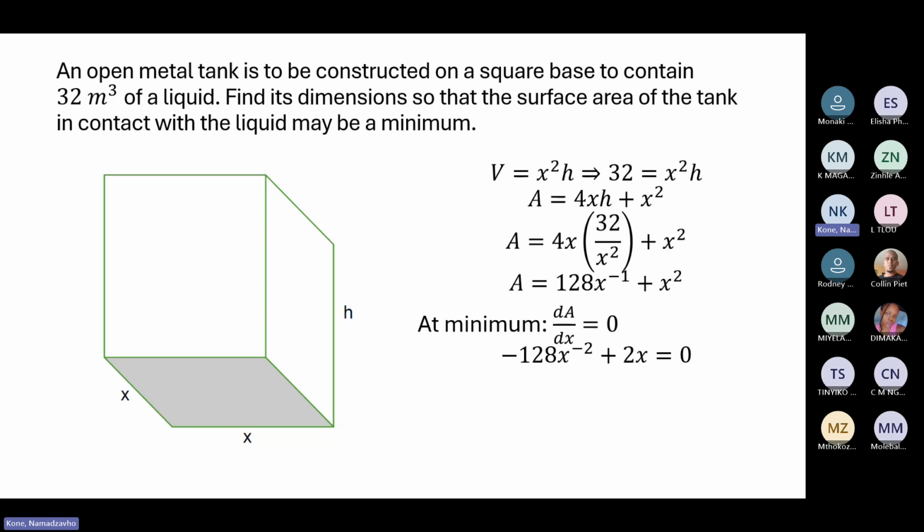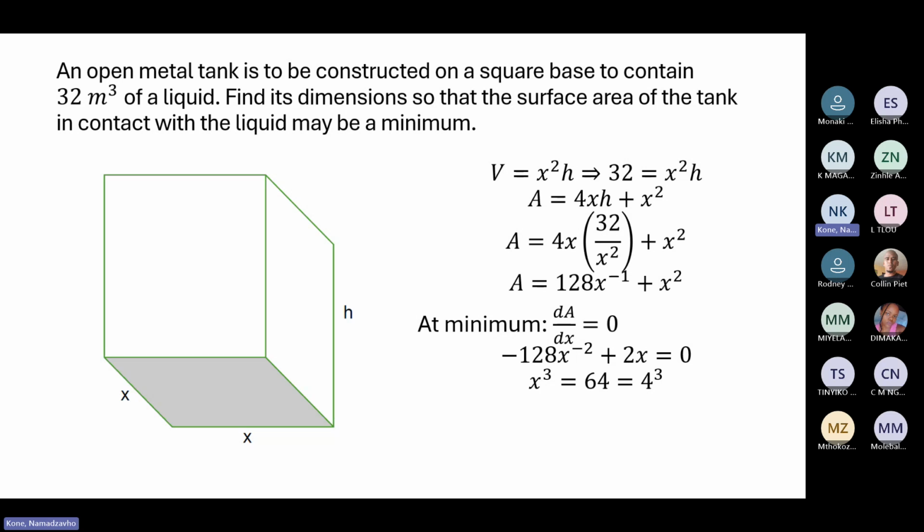Then from there, you need to solve for x. Because we've got negative powers there, we have got minus 128 over x squared plus 2x. Multiply everything by x squared to get our equation as minus 128 plus 2x to the power 3.